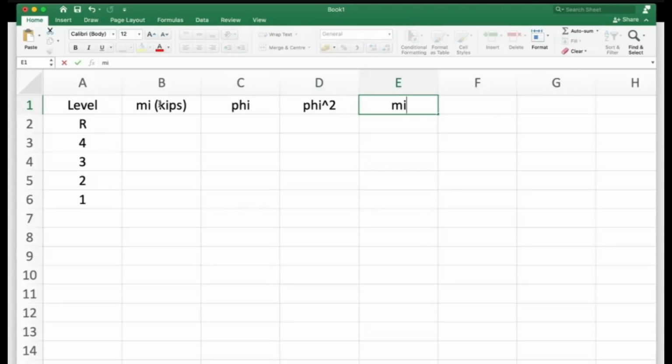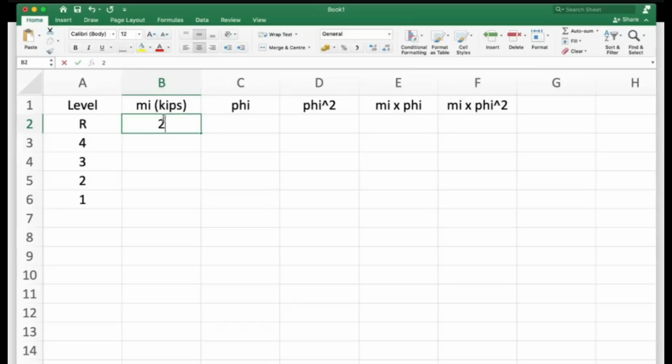This will be mi times phi, while this is mi times phi square. The mass here was 2505, then 3132, and the rest are exactly the same.